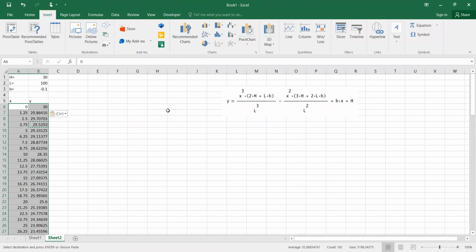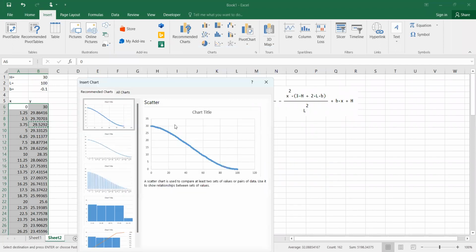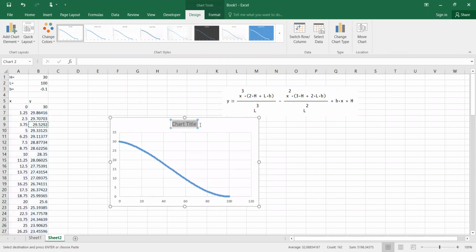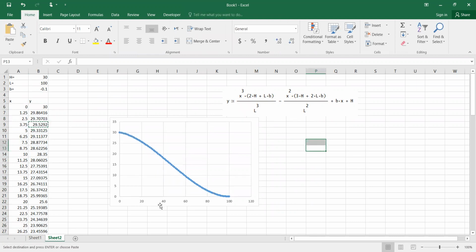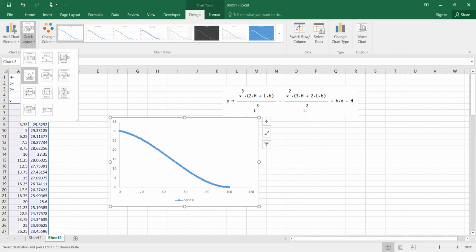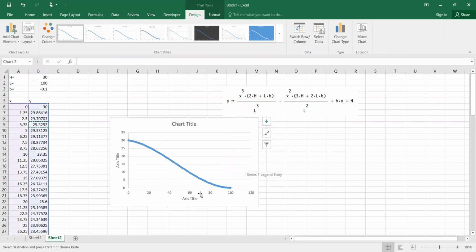Here we go. We can add more detail here.